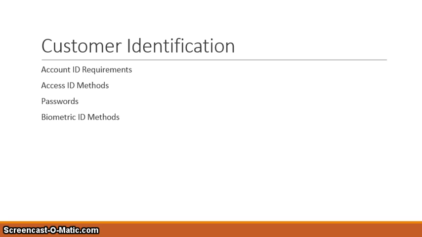Accessing methods. So the accessing methods are becoming more and more sophisticated. Sometimes when you set up online stuff or over the phone, you may have a password or a passphrase. They may ask you a question, what was the name of your first dog, and things like that. Now they're even getting into physical characteristics like voice recognition.